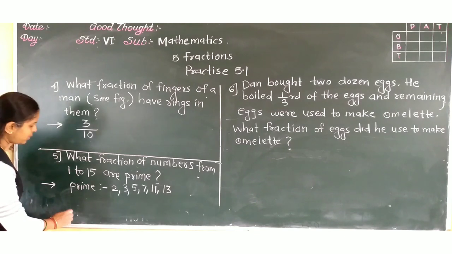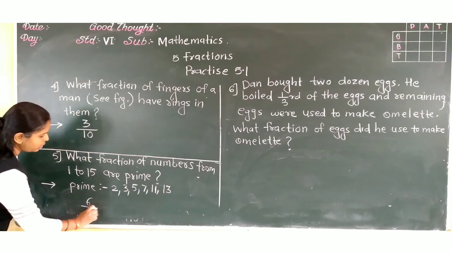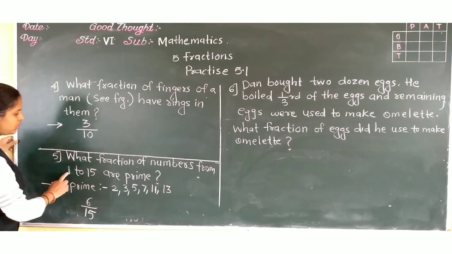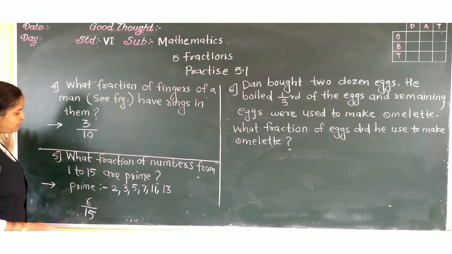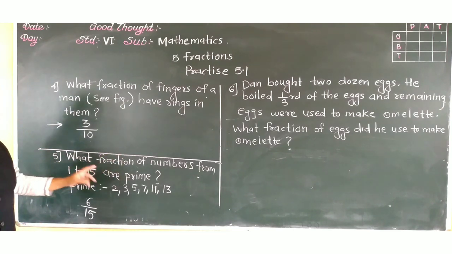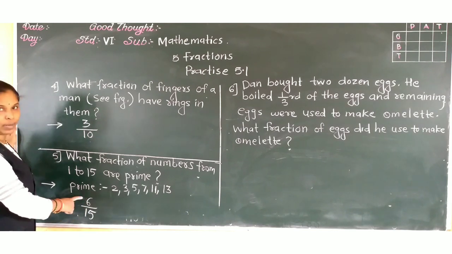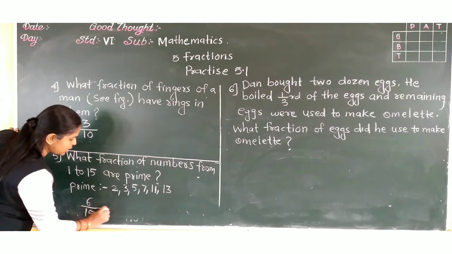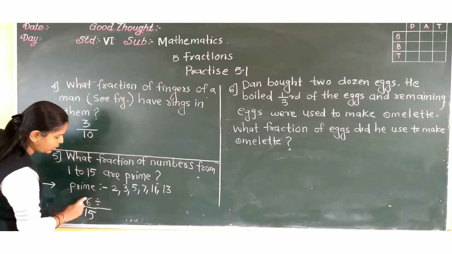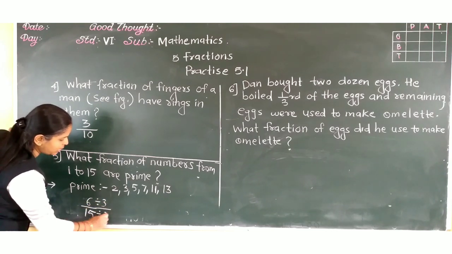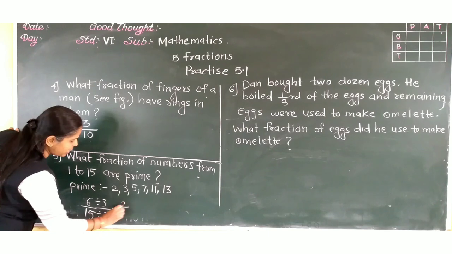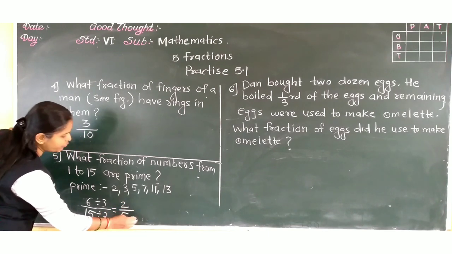So how to write the fraction? 6/15. What fraction of numbers from 1 to 15 are prime? So out of 15 numbers, 6 are prime. 6/15, and now both are divisible by 3. So I am writing 3 2s are 6 and 3 5s are 15.